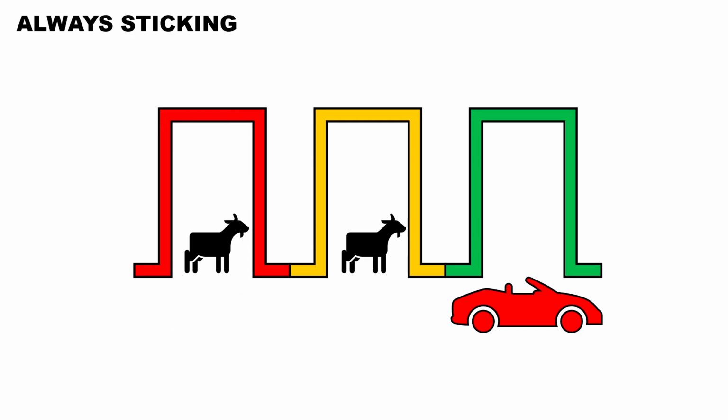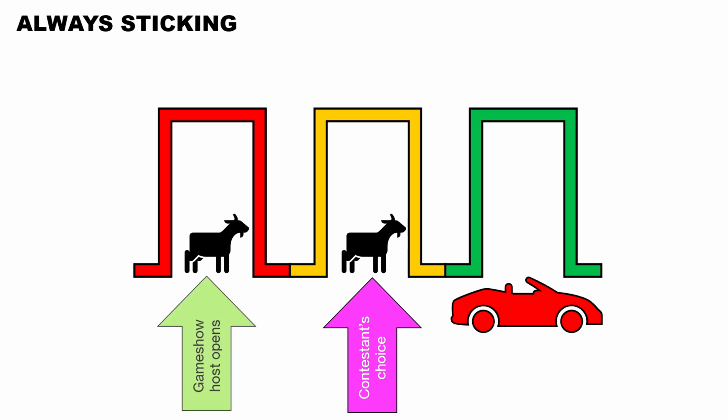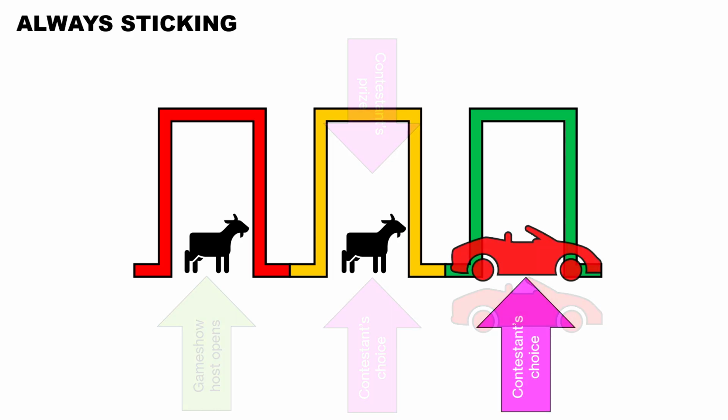Similarly, if the contestant chooses the second door, that's another door with a goat behind it, Monty Hall, as the game show host, will reveal the first door with a picture of a goat behind it. Since the contestant is always sticking with their original choice, they win the picture of the goat, they don't win the star prize. The only case where the contestant wins the star prize is where they initially choose the door behind which the sports car lies.